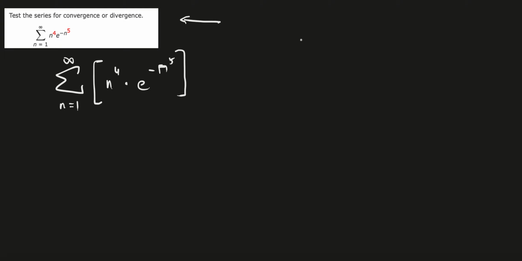The first thing that I want to do is take the limit as n approaches infinity of this here. So that's n to the fourth times, now, instead of the negative, I'm going to bring it down because that's good for limits. We don't want negative exponents when dealing with limits typically.